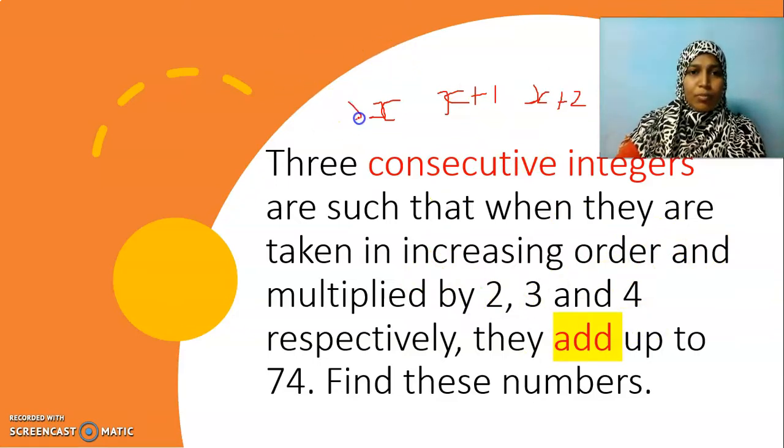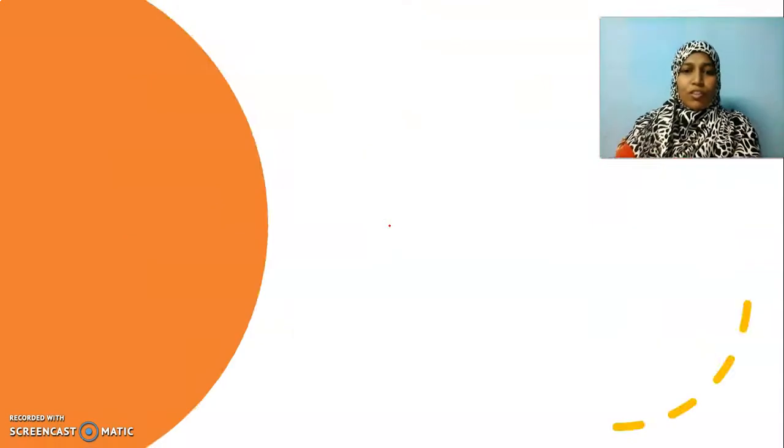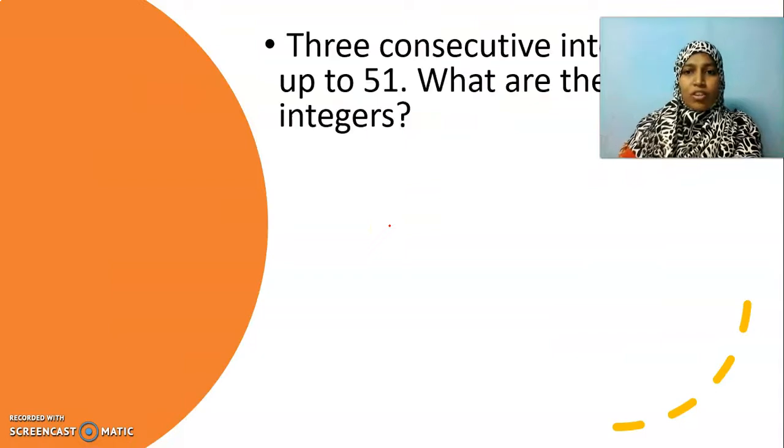So, this is multiplied by 2 and this is multiplied by 3. This bracket is very important because when you multiply by 3, you will have 3 into x, 3x plus 3 into 1, 3. And similarly for this you have to multiply by 4. They add up. After finding this multiplication, you will add and put it equal to 74. And simplify and solve the answer.